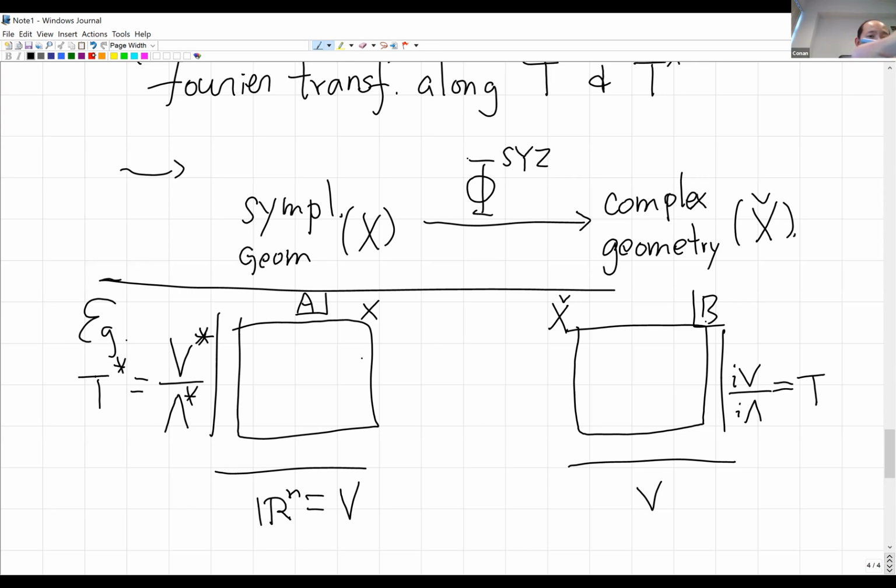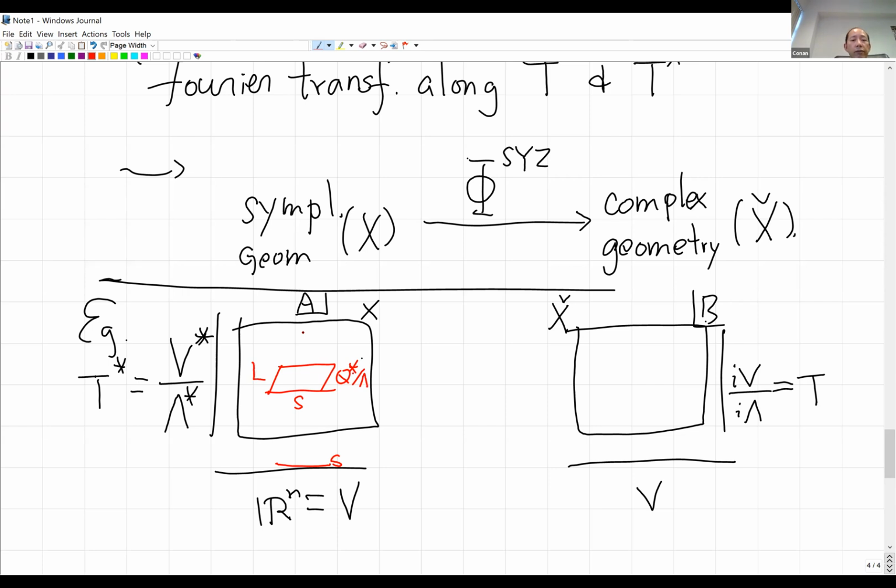So now, if you look at a subspace here, which is S, and then you look at the corresponding Q star. As you remember, S is the quotient by the corresponding lattice, and that will be the Lagrangians.